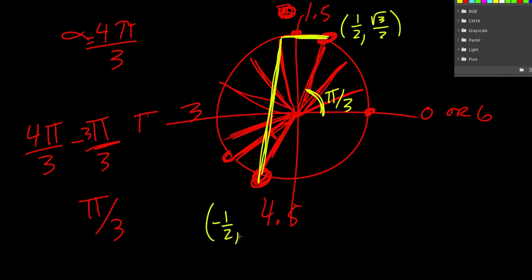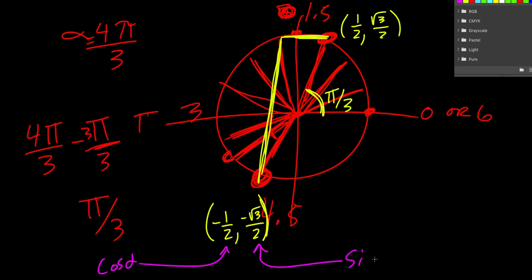The thing is, you do want to know how to do this without looking at the unit circle. You need to have a fair amount of this memorized, because when you take the IB test, they don't give you a unit circle. Okay, so those are the values right there. So once again, that's our cosine. The y value is our sine.